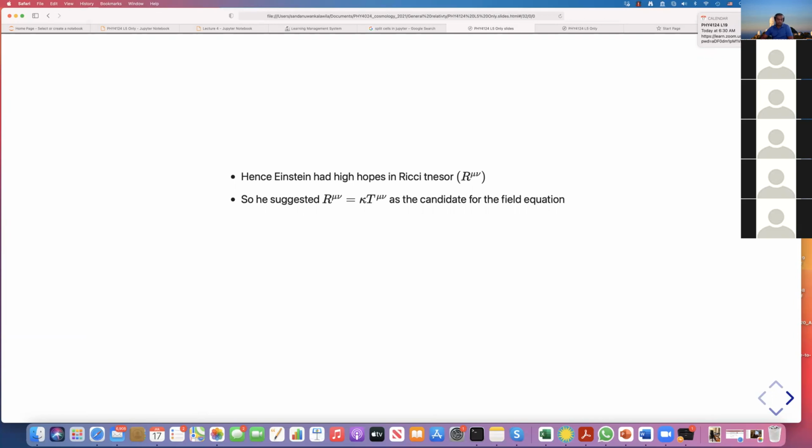And so he suggested this as the candidate for the field equation. And using this equation, Einstein was able to resolve the problem of slight variations in Mercury's orbit. Does anybody know what this means, slight variations in Mercury's orbit?